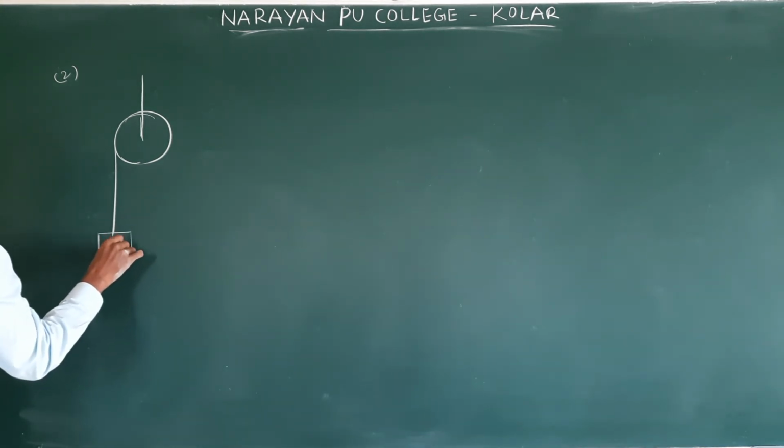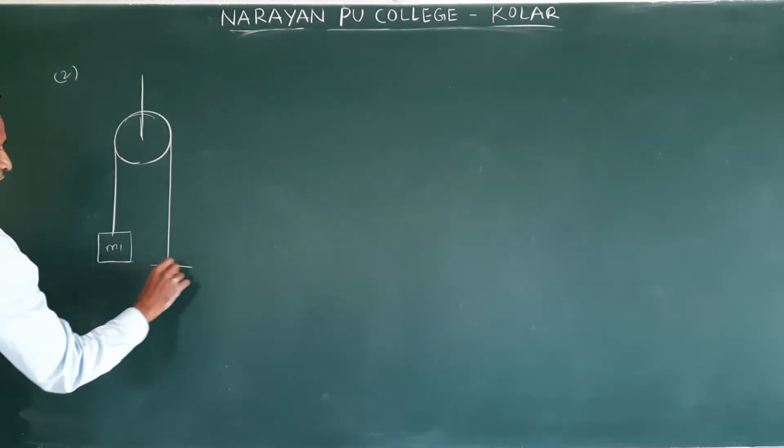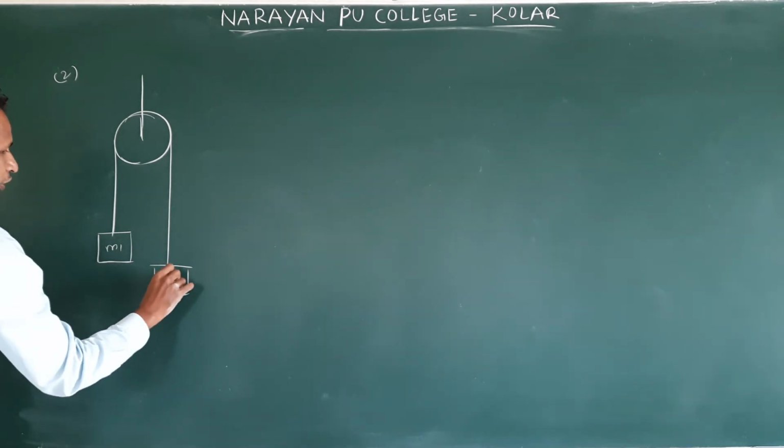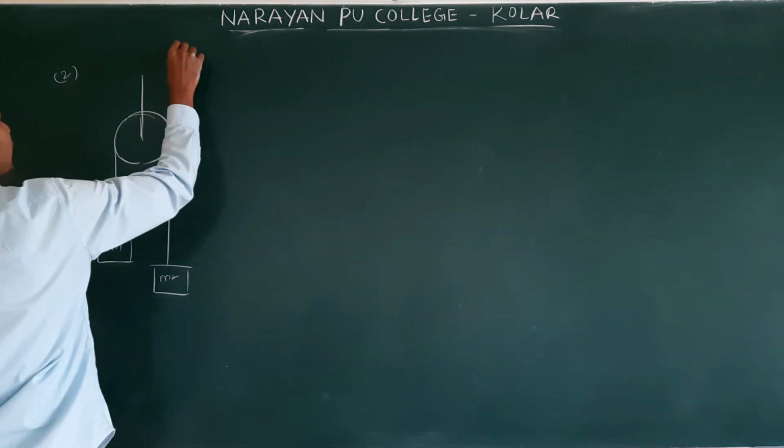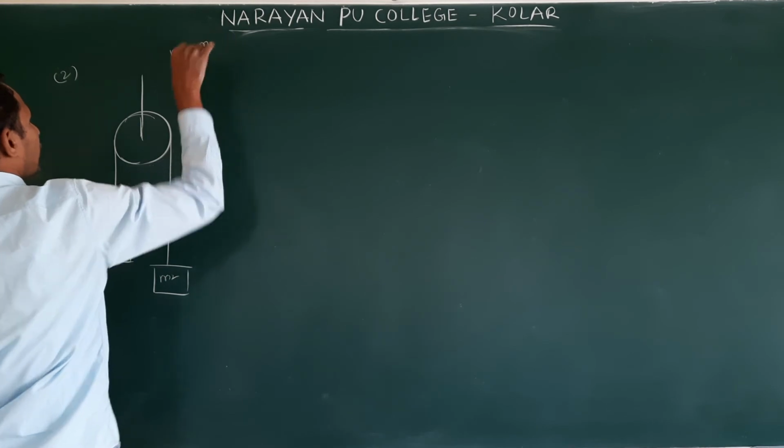Let's say this is M1, this is M2. Take M2 greater than M1.